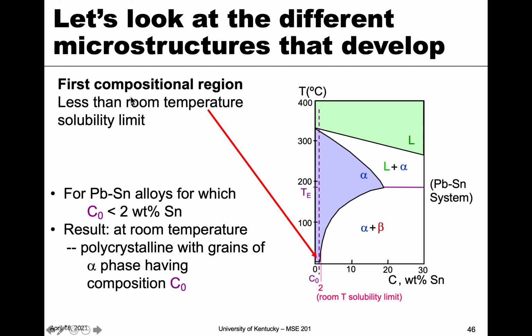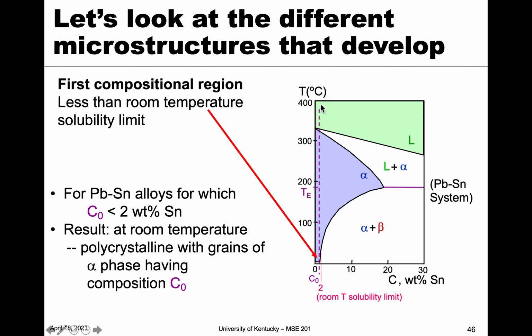But this first compositional region is if there is some kind of room temperature solubility limit. So you might not even see this in some diagrams, but this is around 2 weight percent tin. So basically this compositional range is below this 2 weight percent. And so any of these compositions.